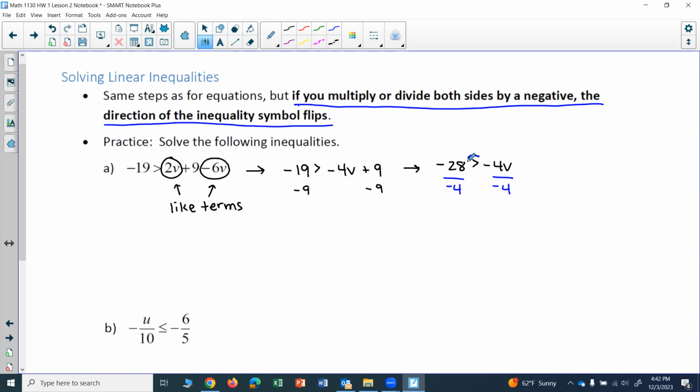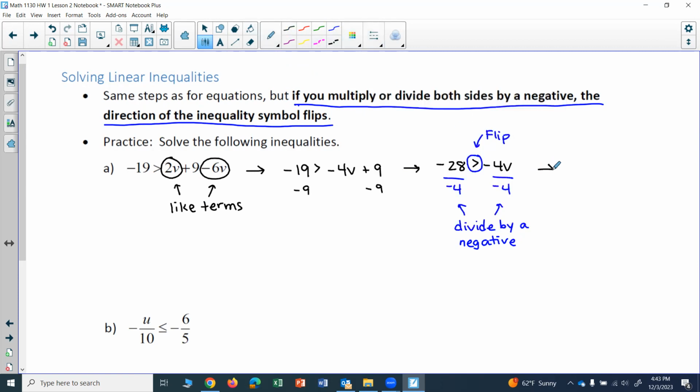So this symbol is going to flip because I'm dividing by a negative. So those are directly related to one another. If you divide by a negative, you flip your inequality symbol.